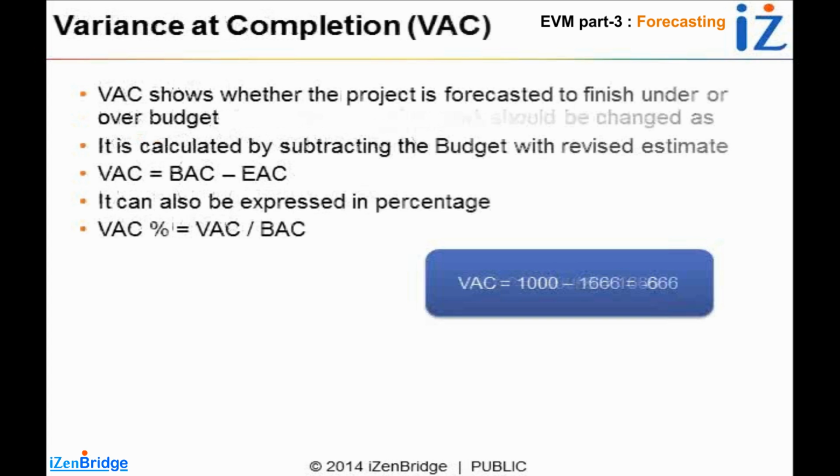EAC means that you are estimating that you will take more money, but ultimately your variances are always calculated against BAC. Even if you have a revised EAC, if it is showing a negative variance at completion, your project performance remains negative. So EAC is more about forecasting and sharing information.